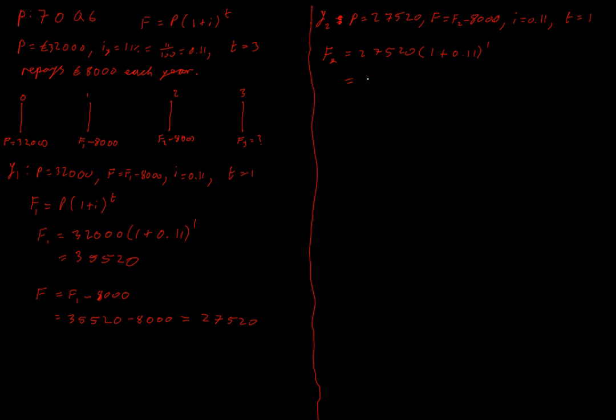And when we put that into our calculators, we get 30547.2, and then our final value at the end of year 2 is going to be 30,547.20 minus 8,000, because Joseph comes back at the end of the year and he pays off €8,000 of that debt.